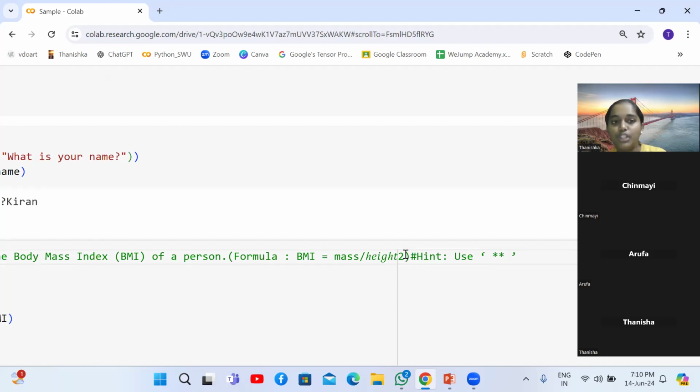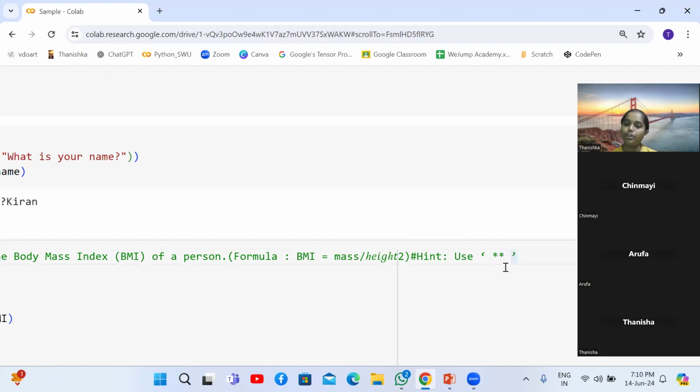Like you learned about. So what is this symbol? Which operator is this one? Tanisha can answer me. Exponentiation. So what will happen if I do this?